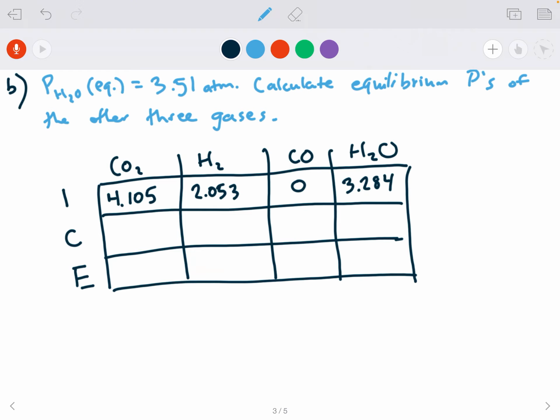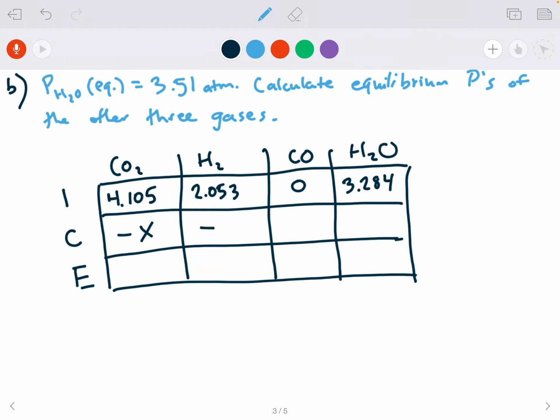In the reaction, all of them have a coefficient of 1. So there's a 1-to-1 stoichiometric ratio between all of the reactants and the products. So for this change, we don't know how much pressure is being lost or being gained, so that's an unknown. So we're going to put in X as the unknown.